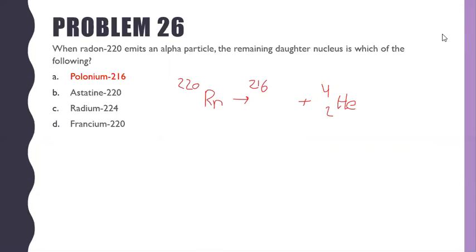I don't actually need to know anything else because there's only one of them that has 216 here, so that makes that the right answer. But if I did go and look in the periodic table, I'll find that radon is 86, and this would end up at 84, and then I can find on the periodic table that 84 is polonium. This is one of the ones that Madame Curie and Pierre Curie worked with back in the days.